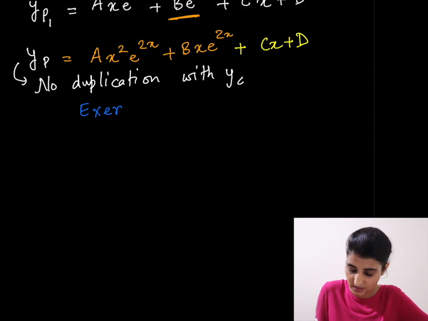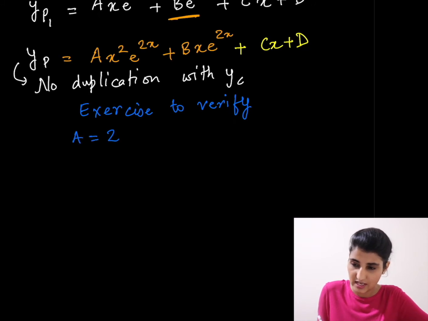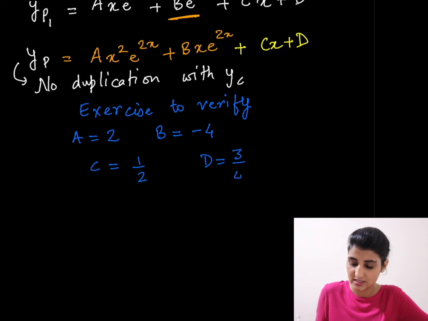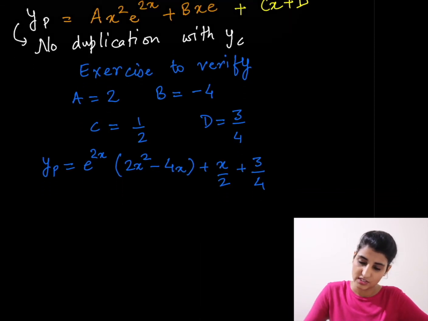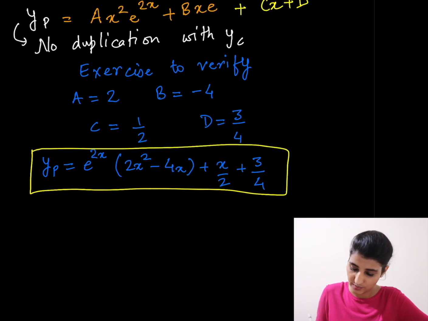I am leaving it as an exercise to verify that A is equal to 2, B is equal to -4, C is equal to 1/2 and D is equal to 3/4, and then you will get your yp is equal to e power 2x, square minus 4x plus x over 2 plus 3/4. So this is going to be your yp.